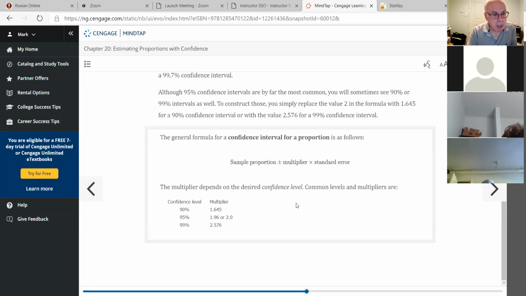It does not mean a probability. I've said that a thousand times in the last couple of videos, but I'll say it again. A confidence level does not mean probability. If you get a confidence interval, say with a 95% confidence level, it does not mean that the probability is 95% that the true population proportion or mean is inside that interval. No, it does not mean that.